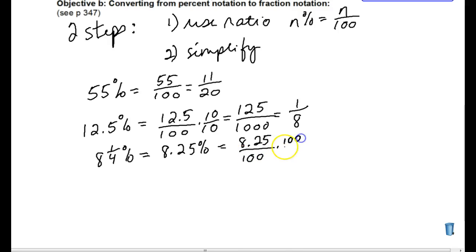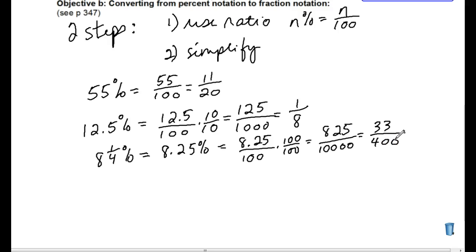This time I have to multiply by 100 over 100 to clear that decimal in the numerator. 8.25 will become 825. 100 times 100 is 10,000, and 825 over 10,000, I need to use my calculator to do this one, is 33 over 400. So you get some odd fractions in this section.